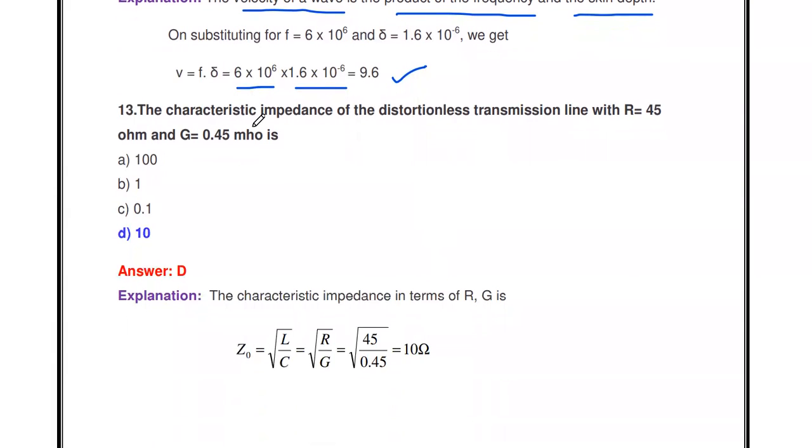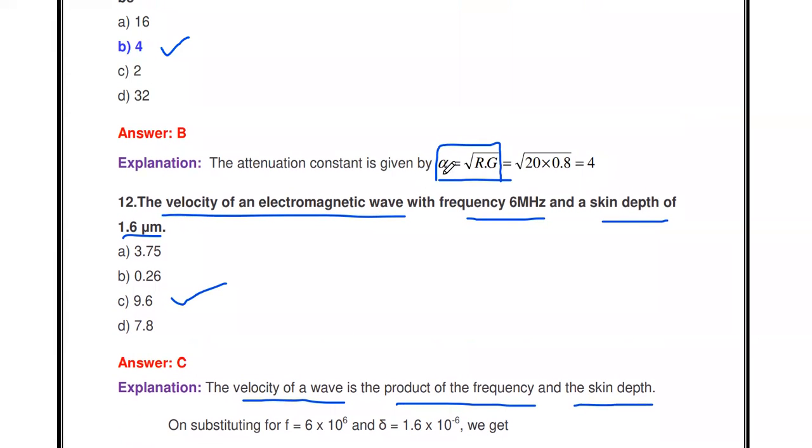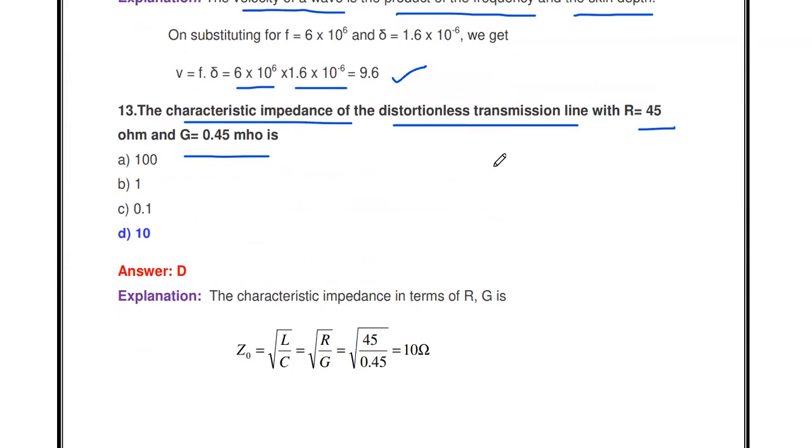Then the next question, the characteristic impedance of the distortionless transmission line with R equal to 45 ohm and G equal to 0.45 mho is dash. Already you know, for a distortionless line, the attenuation constant in terms of R and G is the square root of R into G. Similarly, for a distortionless line, if R and G are given, how do we calculate the characteristic impedance?